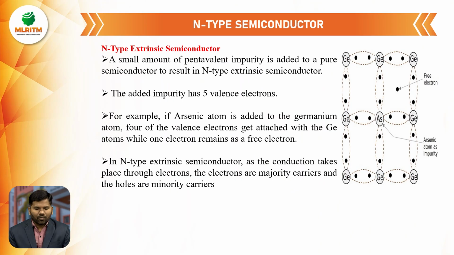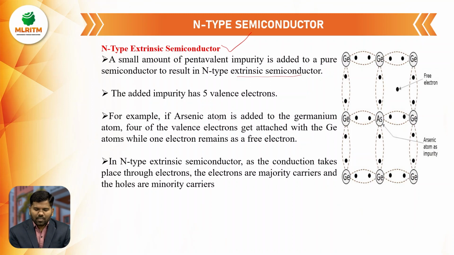First, the n-type semiconductor material. A small amount of pentavalent impurity is added to a pure semiconductor, and this results in an n-type semiconductor material. The added impurity has 5 valence electrons.